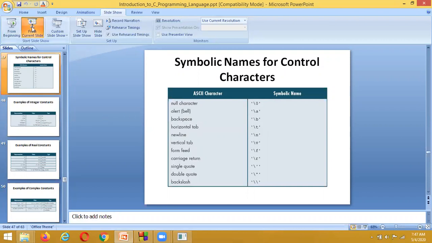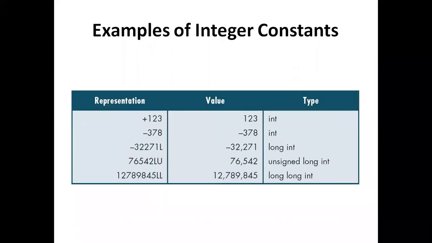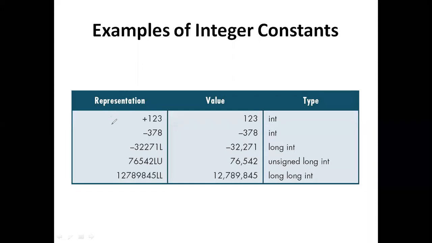And what are the other things we have here? Integer constants: you can write, for example, plus 123. You have written int x is equal to plus 123 and assigned it, and it is going to take the value 123. If you assign minus 130 or minus 378, it is going to take that value.